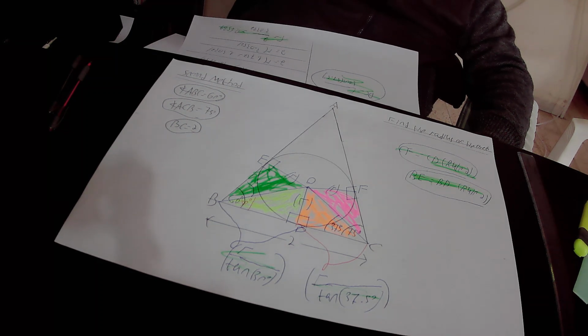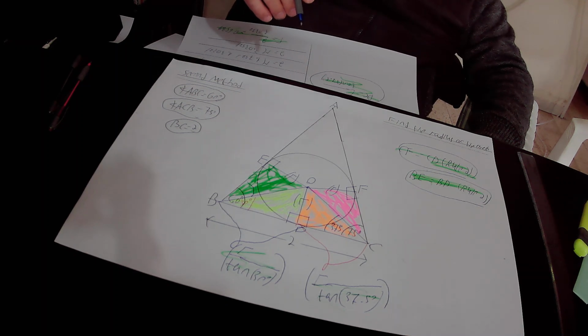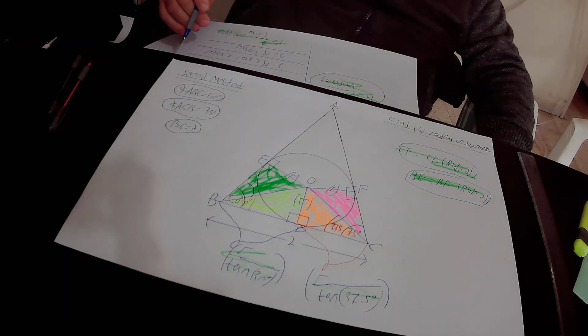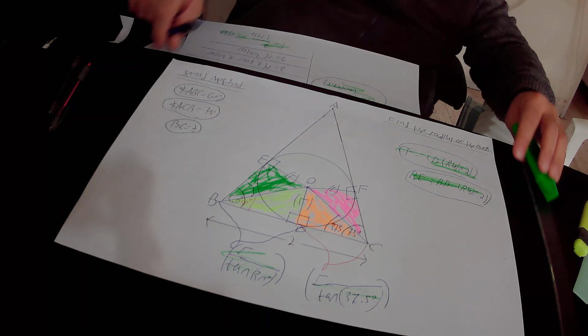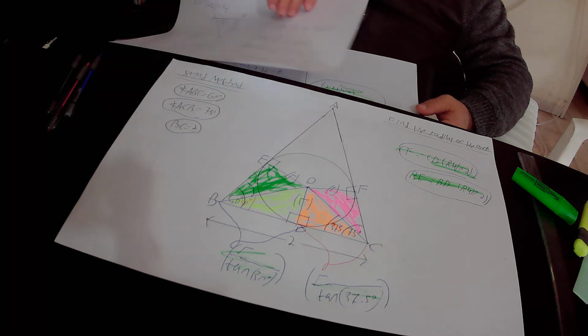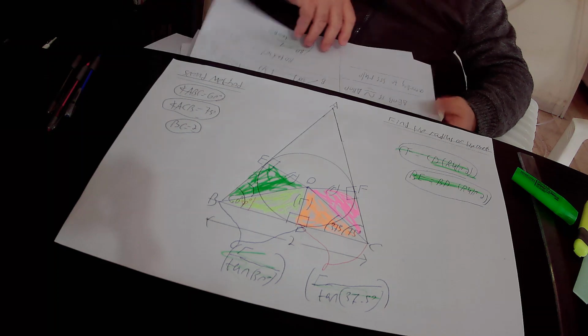So in both methods, we found that the radius of this circle R equals 0.6589 units. In the next step, I'll summarize the lecture. We start with the first method, of course.